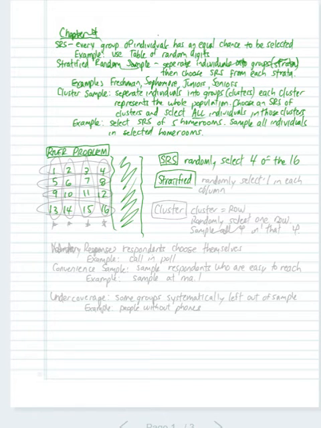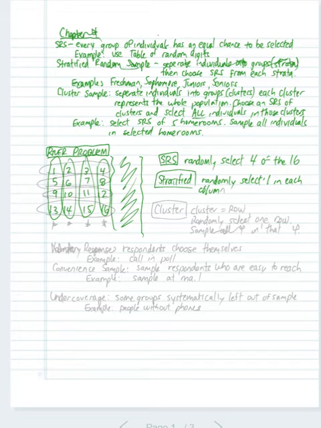And what we decided was the best way to stratify was by column. So we created 4 columns. Each column represented a strata. And then within each strata, we randomly selected 1 out of the 4 plots. Okay? So we would randomly select 1 in each column.